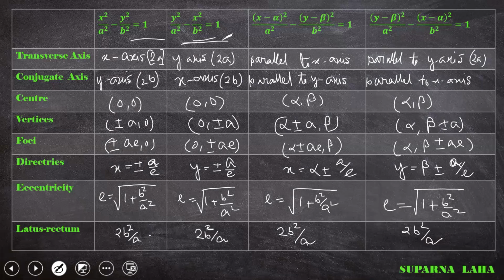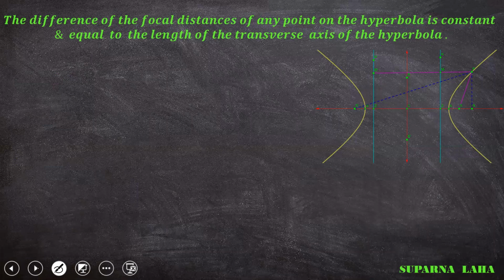Now for the hyperbola, there is an important property: the difference of the focal distances of any point on the hyperbola is constant and equal to the length of the transverse axis of the hyperbola. So we are taking the transverse axis as the x-axis.